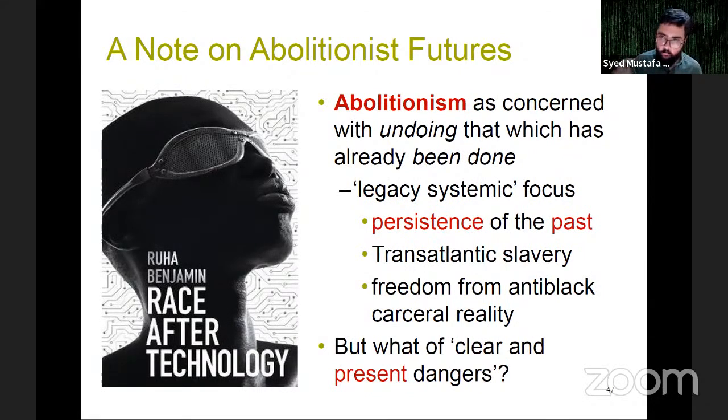While acknowledging the importance of this orientation, which requires us to consider the persistence of the past in structural terms, I suggest the need to complement this with another more presentist orientation, focusing on preventing that which is in the process of being done. In short, interfering with the project of infrastructuration as it is underway.